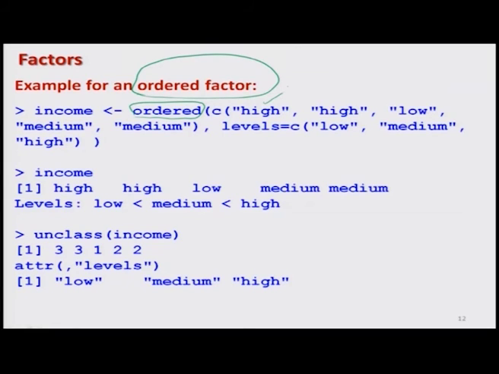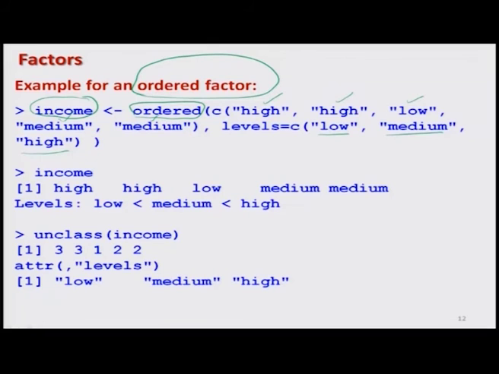For example, here I am giving the data in terms of high, high, low, medium and medium. And what is the ordering? That is given in the labels, low, medium and high. And suppose this data on high income, low income and medium income is stored in a variable, income.